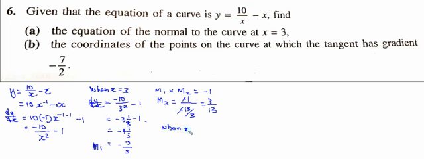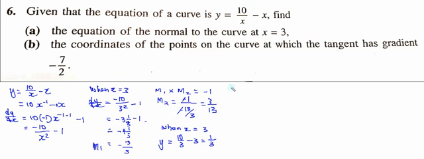So when x equal to 3, using back this equation, y is equal to 10 over 3 minus 3. So this ends up as 1 over 3.